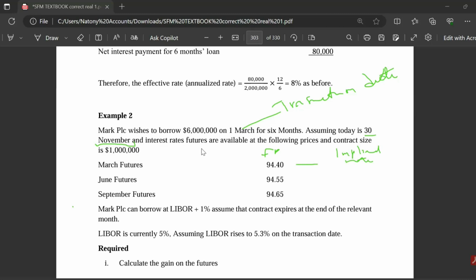Mark PLC can borrow at LIBOR plus 1%. Assume that the contract expires at the end of the relevant month. 1% is the spread.